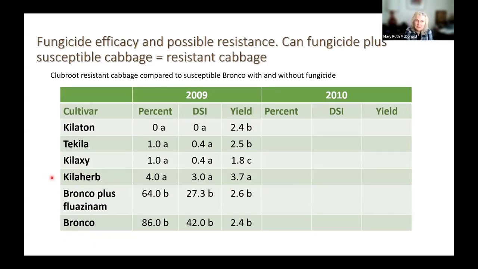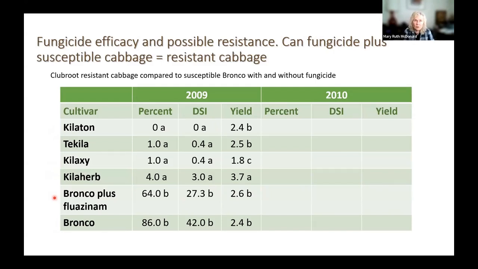These are clubroot-resistant cabbages. There are a range of them available, and you can see disease severity here is very low. Then we looked at a susceptible cabbage, Bronco, and we were wondering if we applied a fungicide such as fluazinam to the susceptible cabbage, whether we could get disease control equivalent to growing a resistant cultivar.